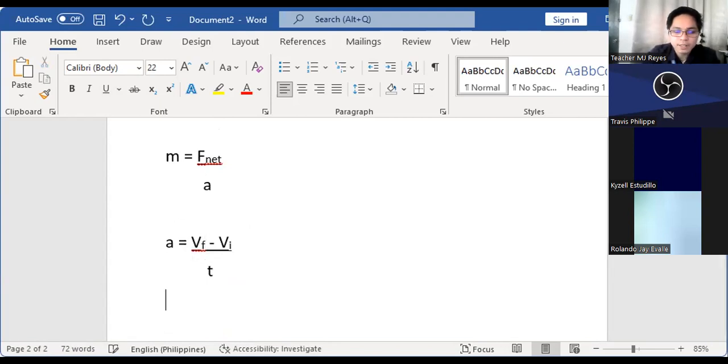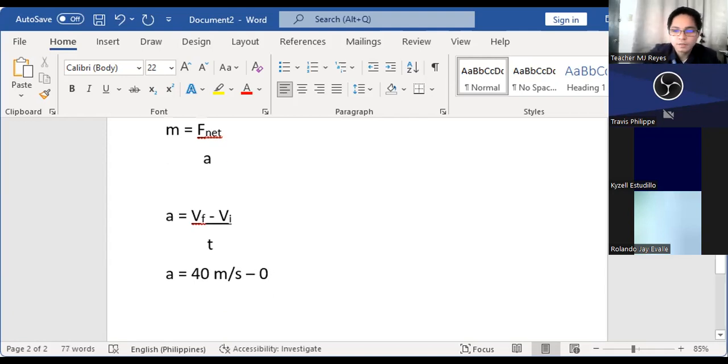What is the final velocity? 40. Do not forget the units used. Minus the initial velocity. The initial velocity there is 0.